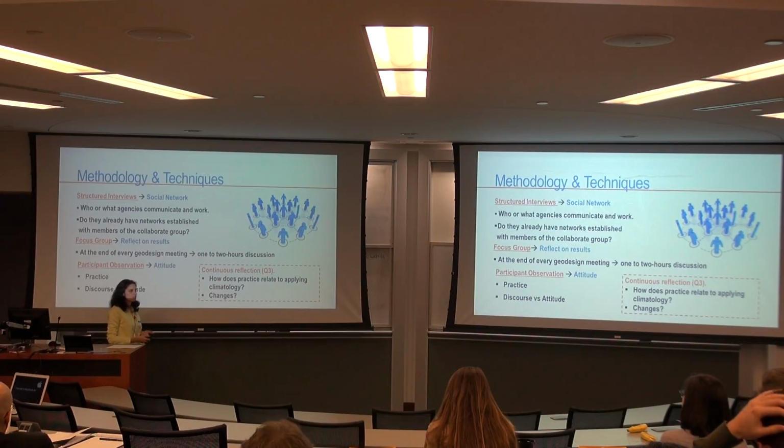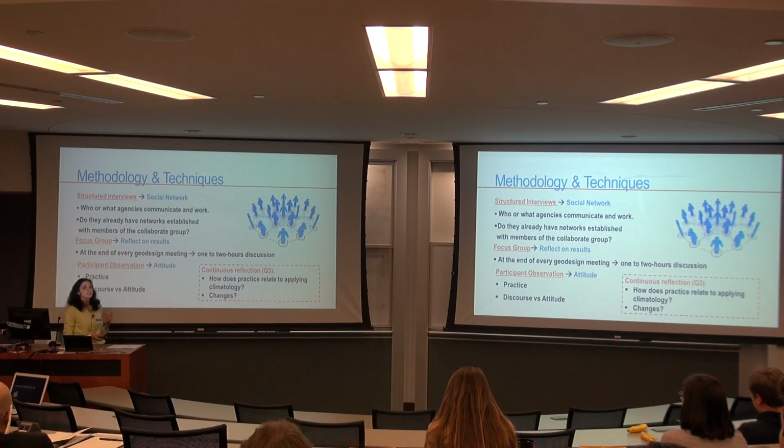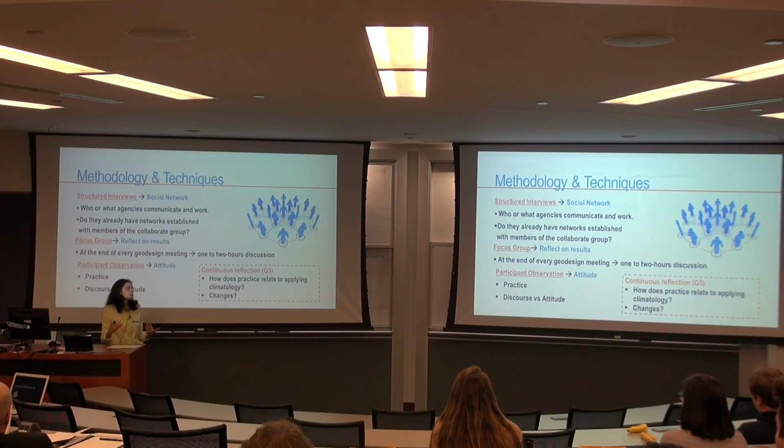What sort of information are we getting at? Is this what we're trying to get? Do we need to redefine anything? And then finally, as a participant myself experiencing these barriers, I want to understand how this practice is occurring, but also if there's a difference between attitudes, discourse, and the actual attitude and the way we work together.